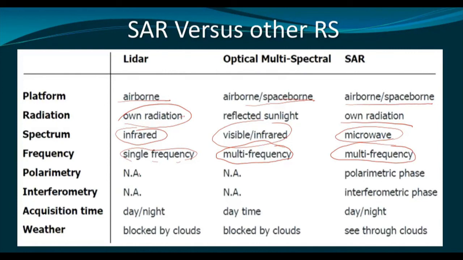For LiDAR, polarimetric data is not possible. In optical remote sensing also, getting polarimetric images is not possible, but in SAR we can get polarized images. We can get images in different polarizations.